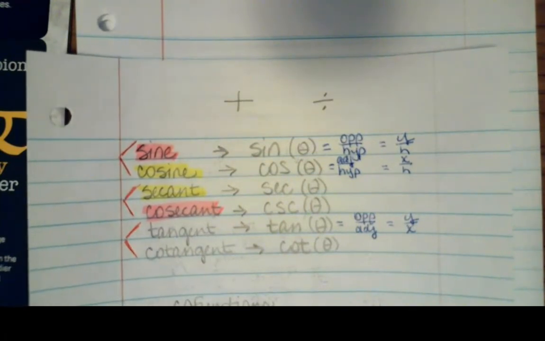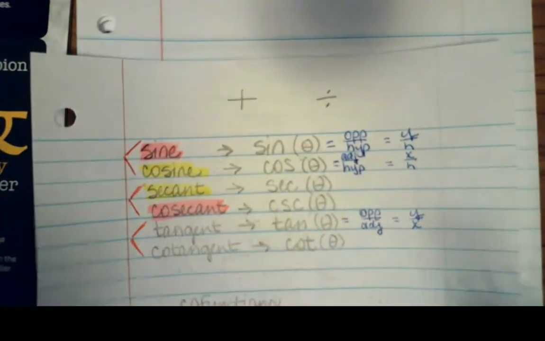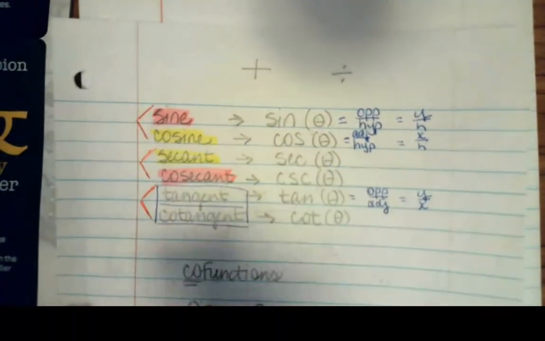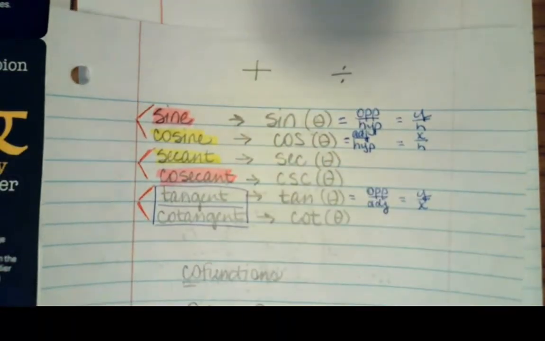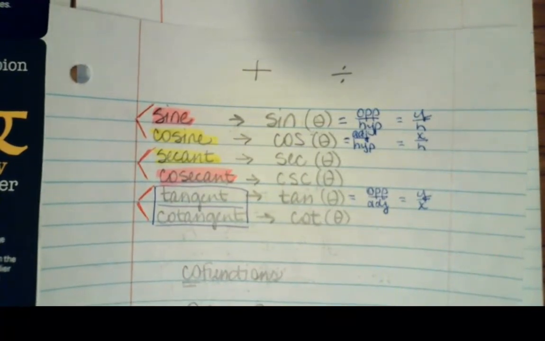Okay, so we'll just make a box. All right, so I'm going to use a red pen and make a box. We're not going to use a red pen because I already used red. We're going to use a blue pen and make a box and say that these two are also reciprocals. So I'm going to give you little hints as far as how I remember these things. Okay, the S's and the C's will never pair up with other S's and other C's.